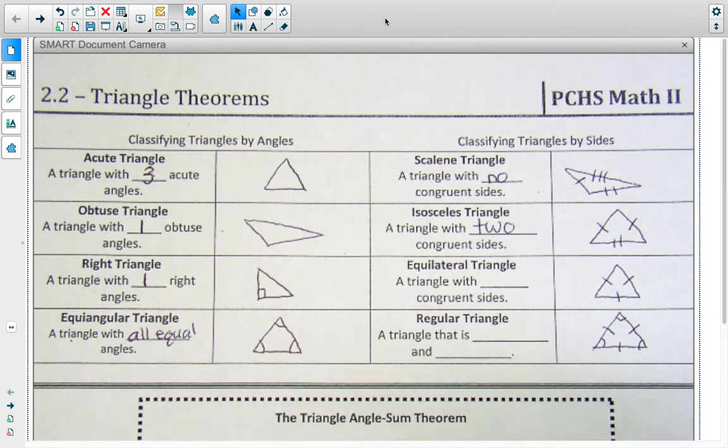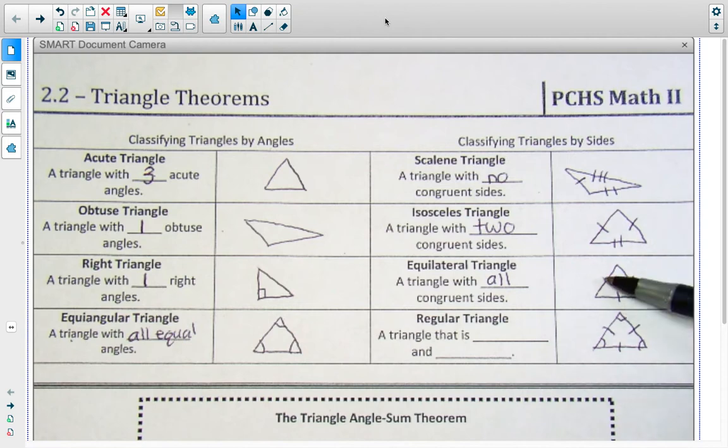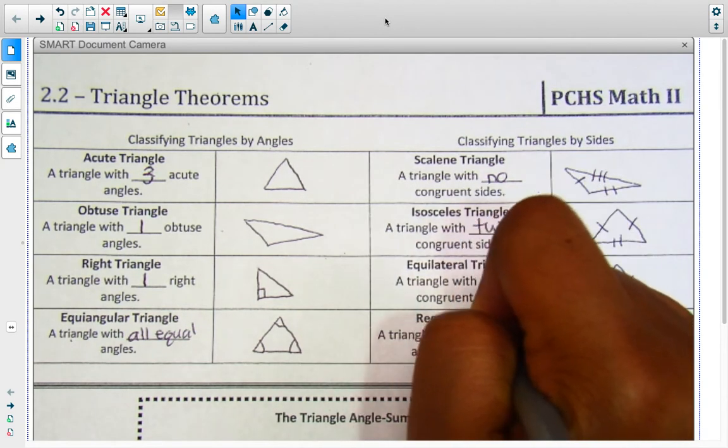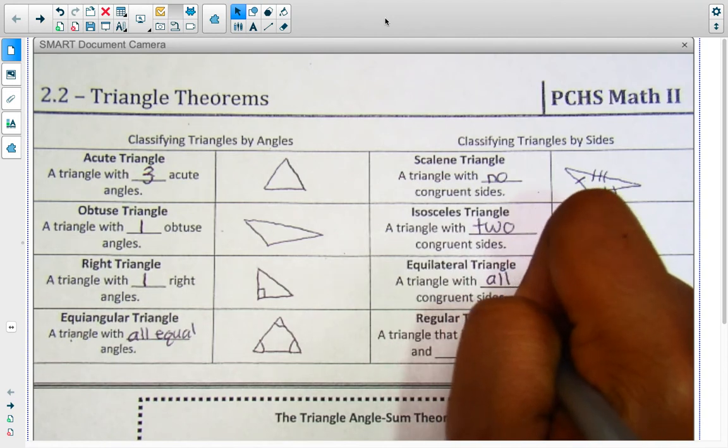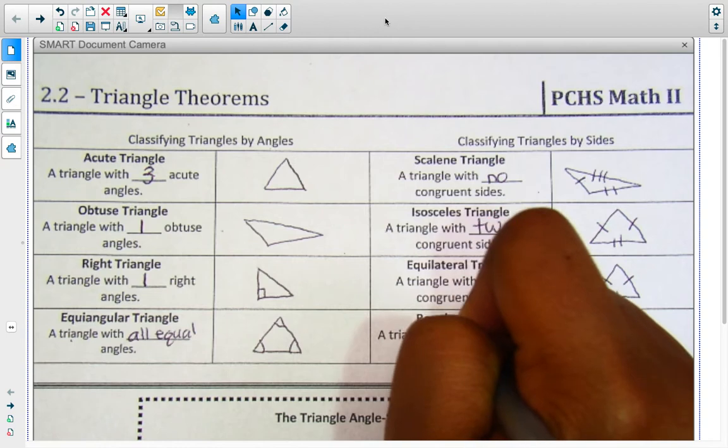An equilateral triangle is a triangle with all congruent sides. Whatever this is, it's the same as this, and the same as this. So they have the same measurement. A regular triangle is a triangle that is equiangular and equilateral.